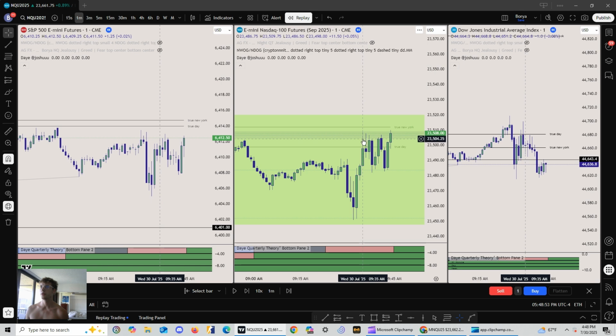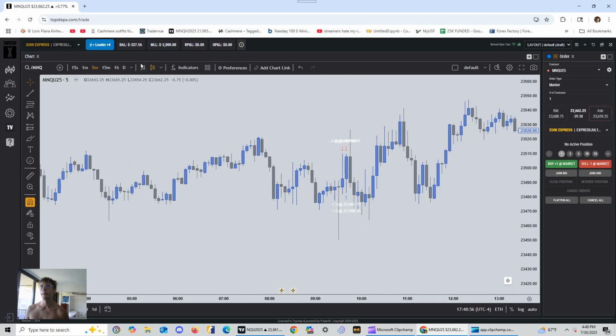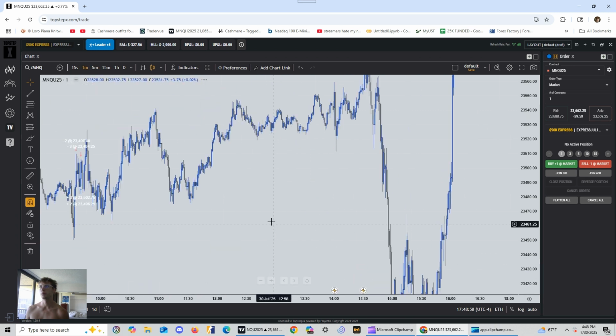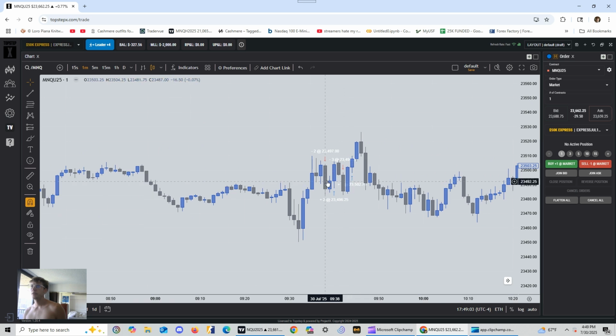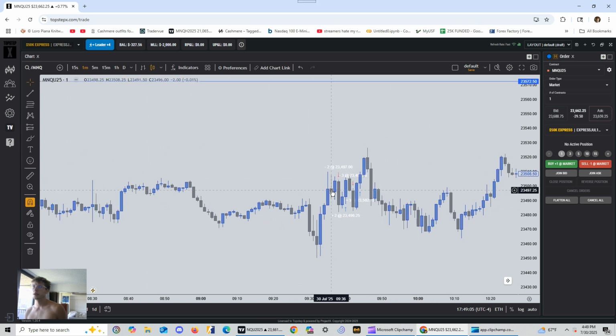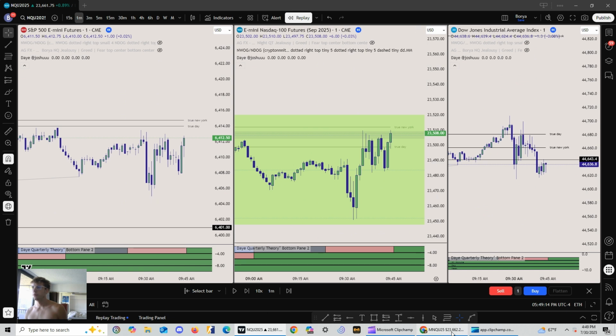I first entered, I think, on this candle. Let's take a look at that. My first entry was on this candle, on the 15-second chart. I didn't enter on the 1 minute. I left at break even on that one. Then one more trade.